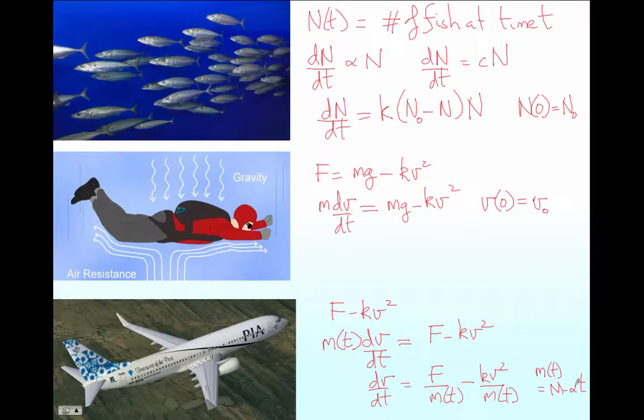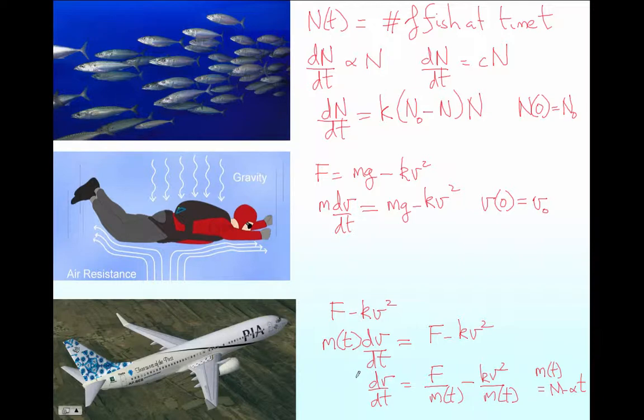So alpha is the rate at which it is burning up fuel. So now we have a situation where the velocity is changing with time. F is a constant, but m is changing with time. And this could be an example of how the mass is changing with time.